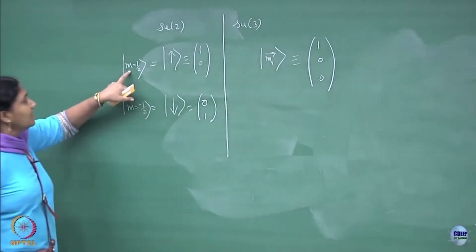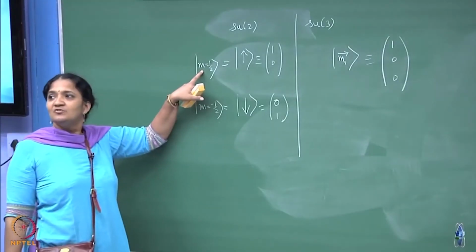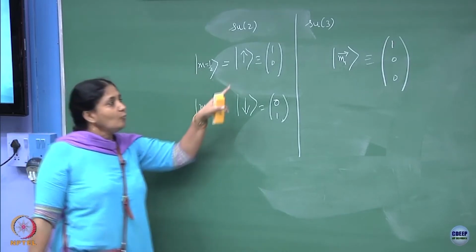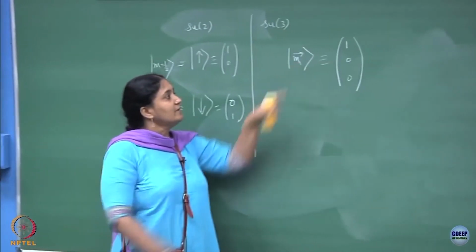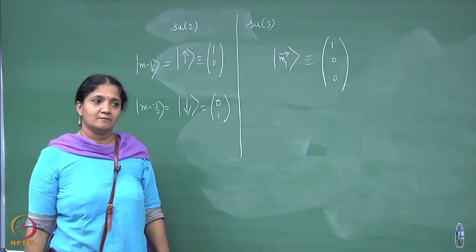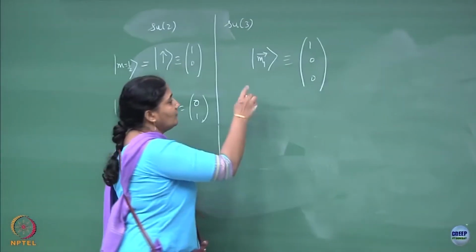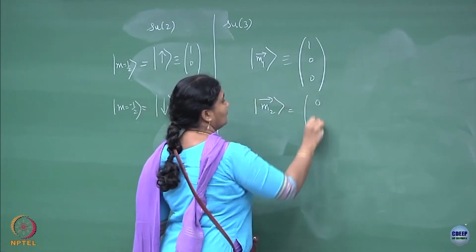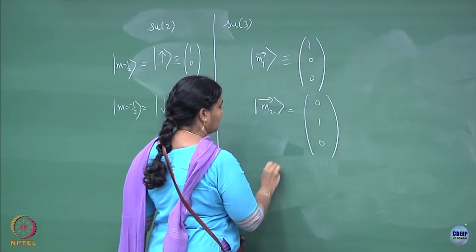Here this m was an eigenvalue of Jz alone or sigma z. Now it will be a simultaneous eigenvalue of lambda 3 and lambda 8. Clear? So M1, M2 and M.